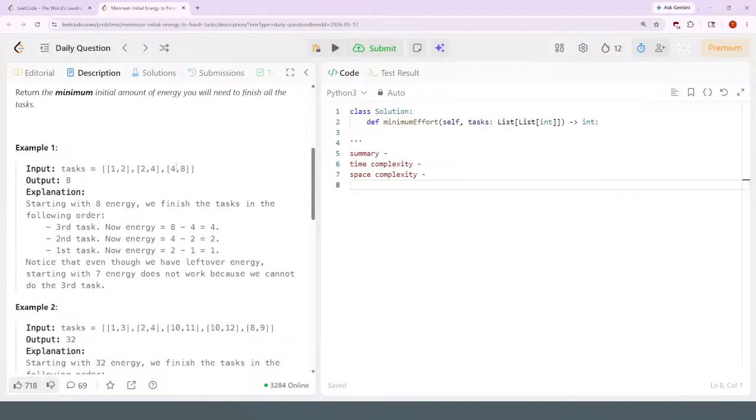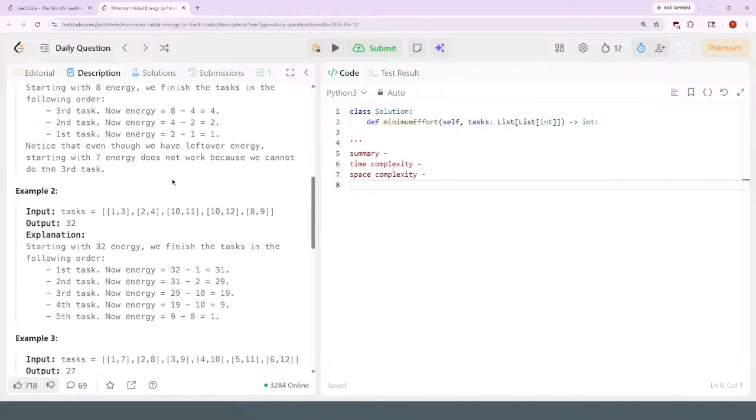Is the benefit something to do with the difference between the minimum and the amount that you're spending? Seems like maybe you're supposed to be somehow prioritizing the bigger gaps first.